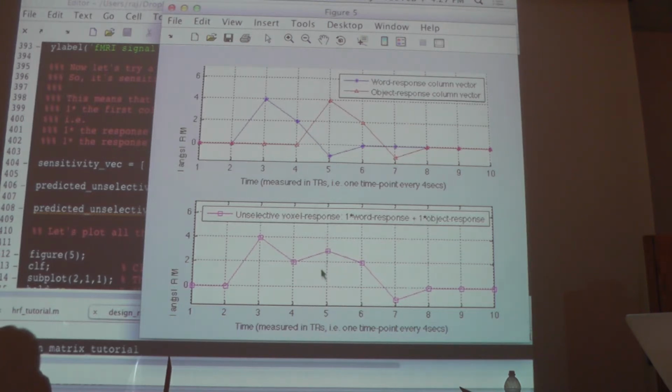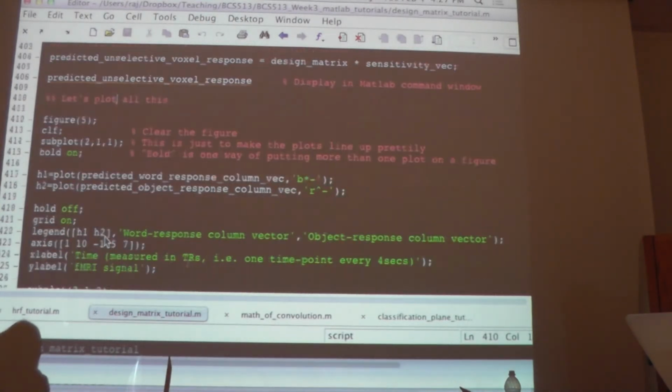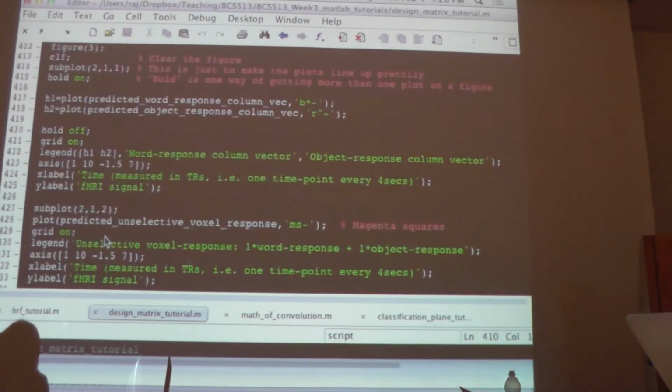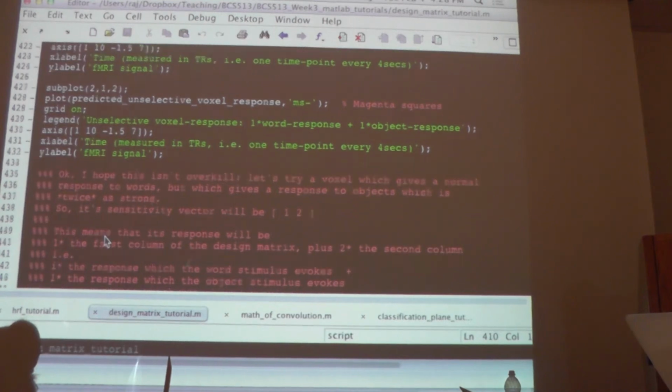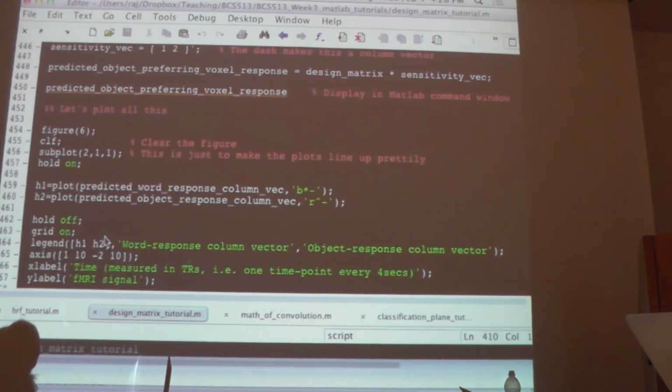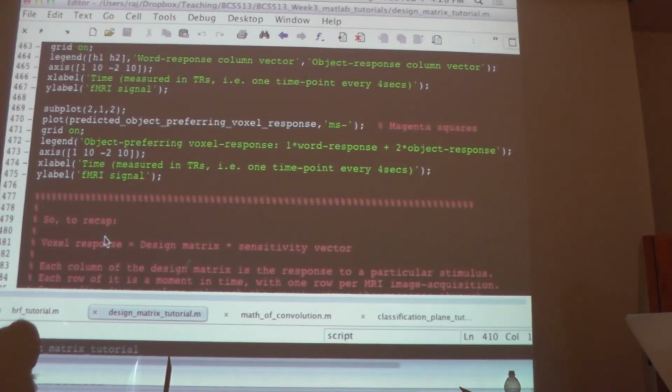Even though actually its peak for the object is a little bit lower, it just looks lower because that peak is sitting on top of the trough from the previous one. And remember we talked about how we're just assuming that they add up, and that turns out to be a reasonably close assumption.